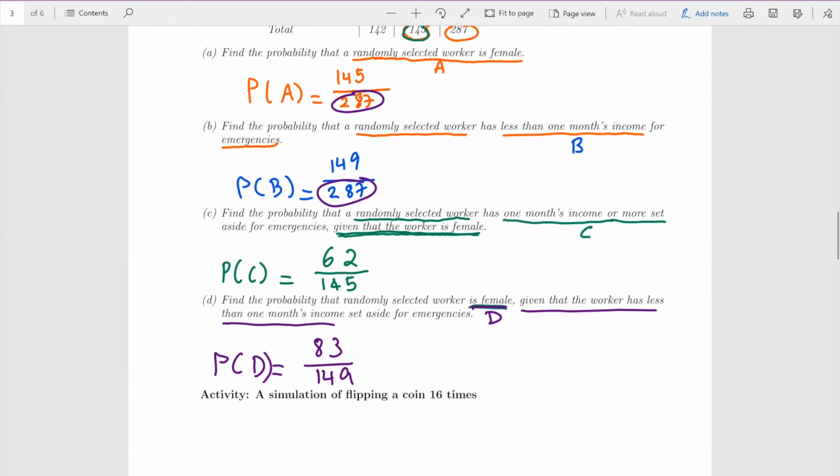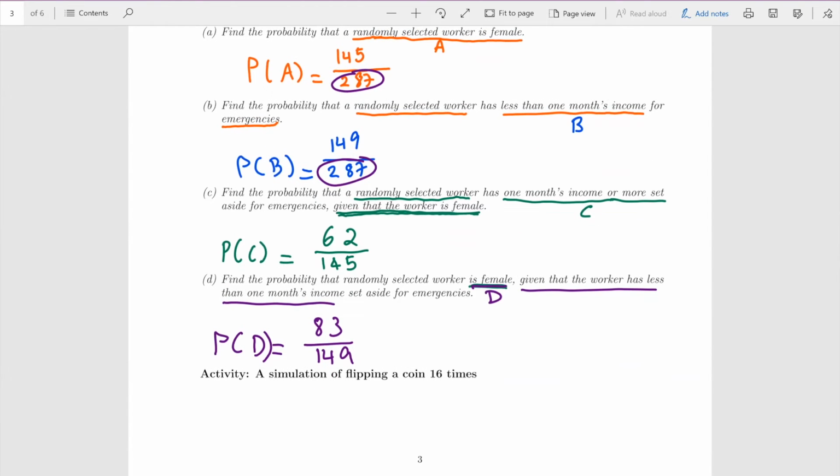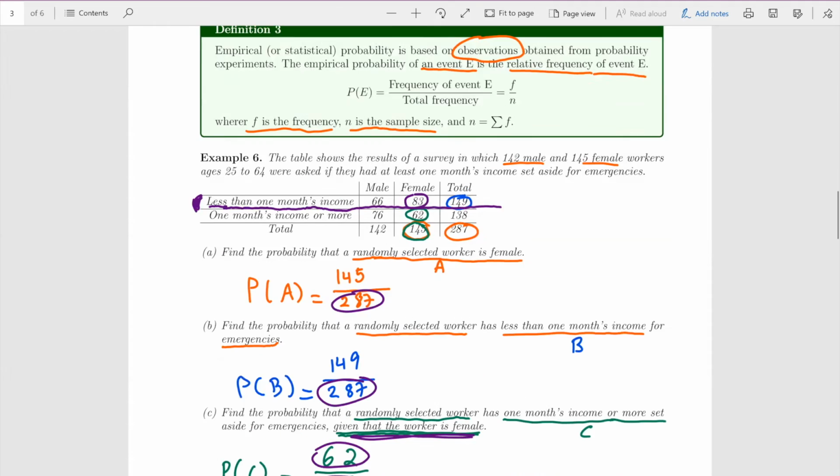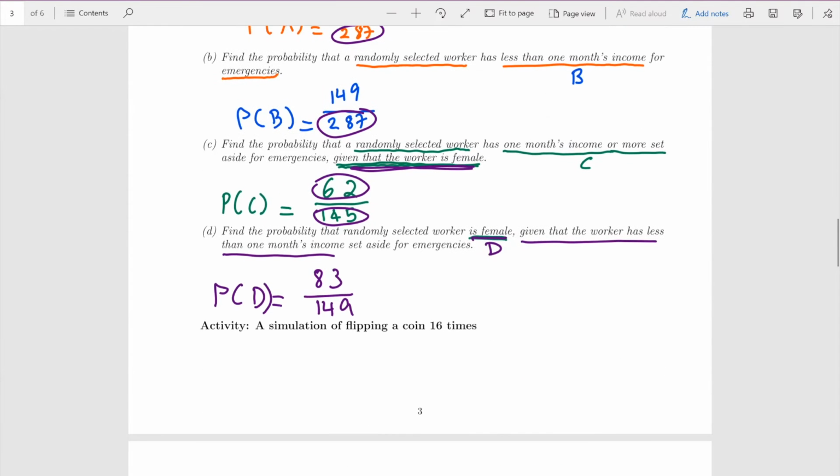For C and D, your question changed a little bit. So you can identify the event, right? But then you have to pay attention to the sample space. So the sample space in C is just female, and the total number of responses from females is 145, right?